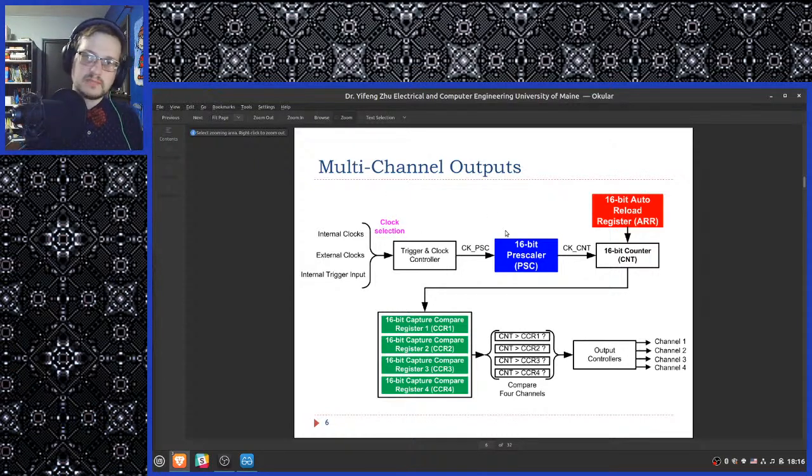So it is possible to have multiple channel outputs coming from the same clock signal. I won't dwell on this too long, but if you have one clock, some of them are configured to have multiple capture-compare registers, which means based on one clock signal, you can have any of these doing different functions or having different values at different times, right?